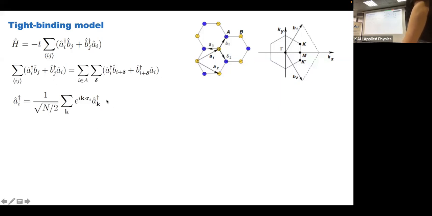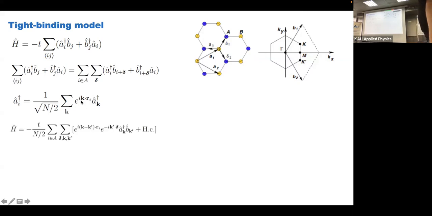This is the creation operator in reciprocal space in the Brillouin zone, and this is the creation operator in real space, with an additional sum of exponents. Then I substituted into the Hamiltonian. I have the same for B. I substitute it into the Hamiltonian, so it's really not hard mathematics.